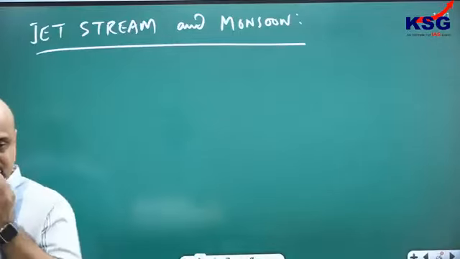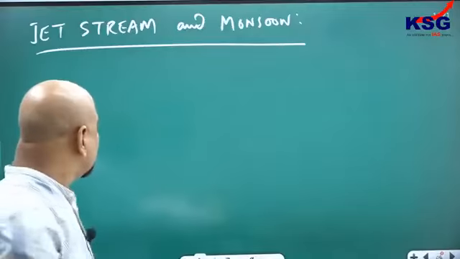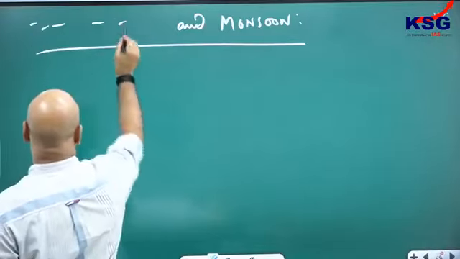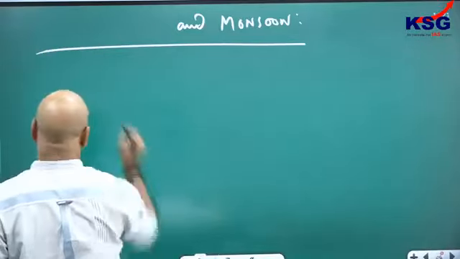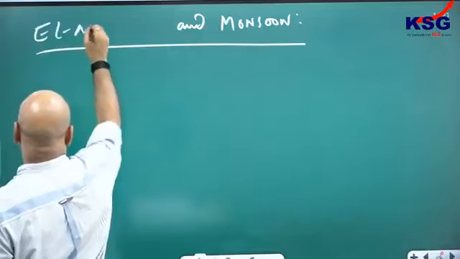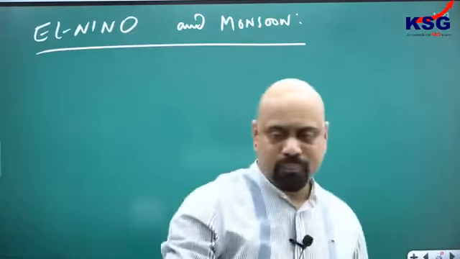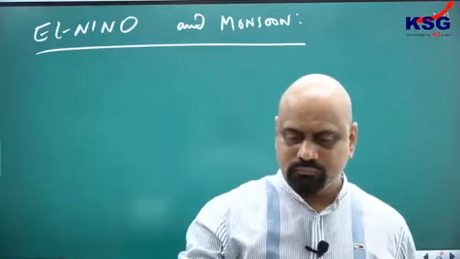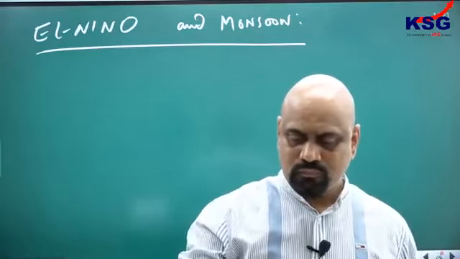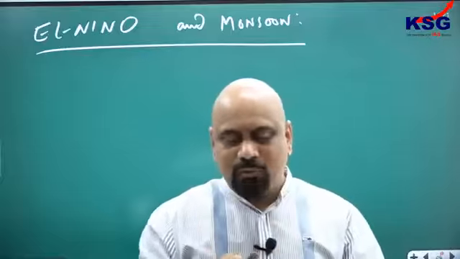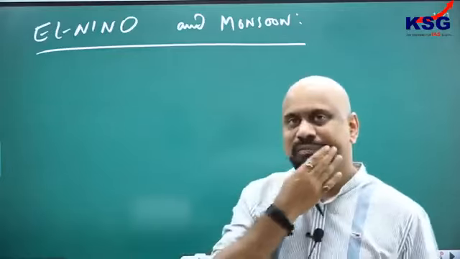You know what is jet stream? Jet stream and monsoon. Jet stream हो गया. We have El Nino and monsoon. Why is Uttarakhand not in this list?